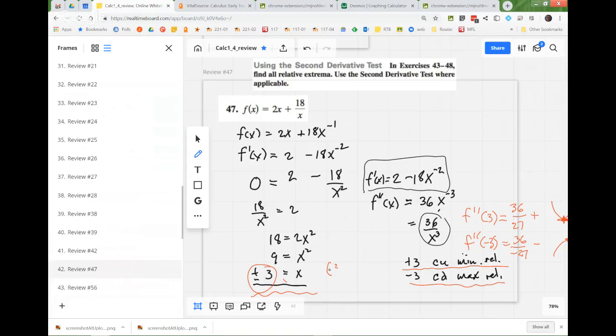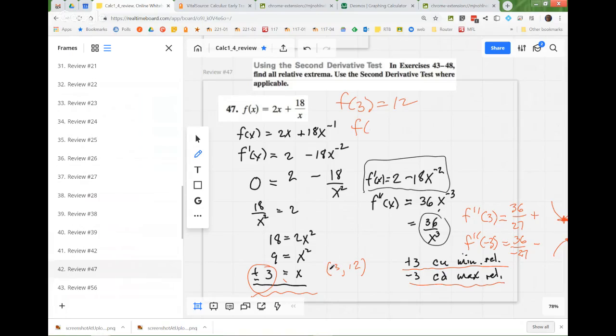First we have positive 3, and when you plug in positive 3, what do you get up here? 3 times 2, it'd be 12, right? F of 3, did I do that right? 2 times 3 is 6, and 18 over 3 is also 6, and 6 plus 6 is 12.